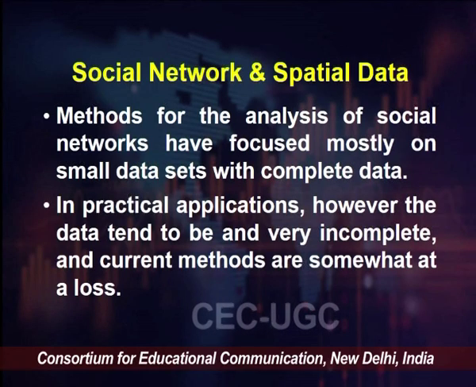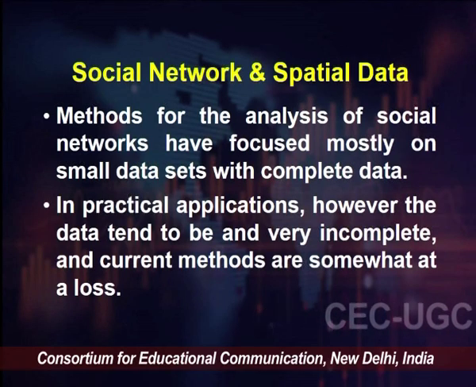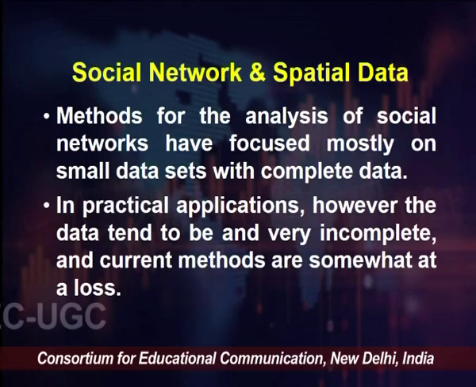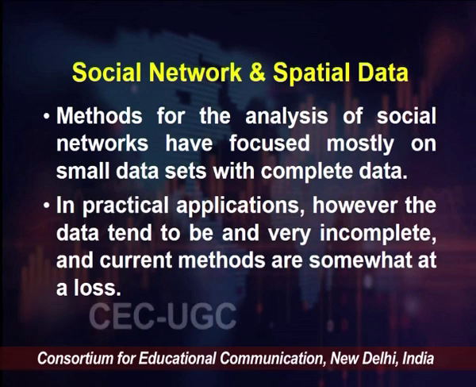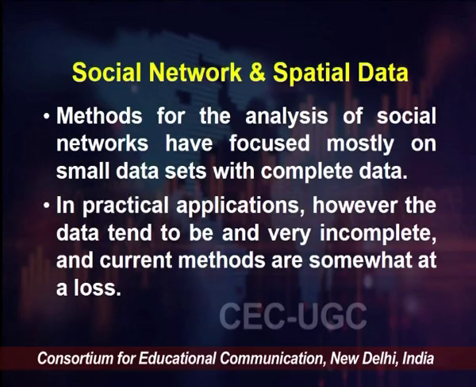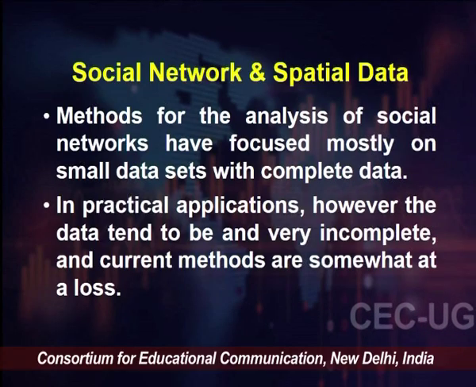Methods for analysis of social networks have focused mostly on small data sets with complete data. In practical applications, however, the data tend to be very incomplete and current methods are somewhat at a loss. This is the stage that pedigree analysis in statistical genetics was at some years ago, but the use of likelihood and MCMC methods has led to major progress since then.